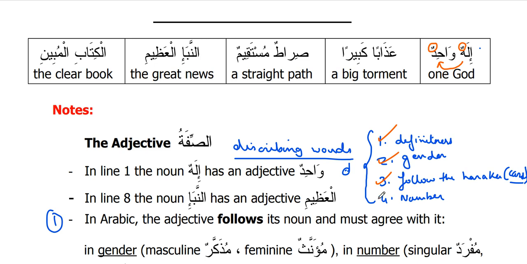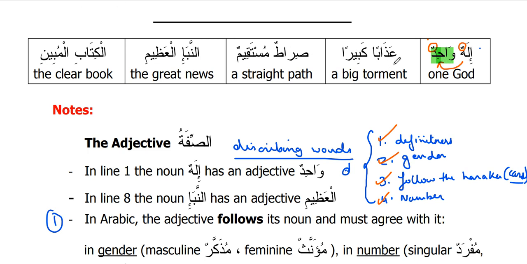So yes, in number they are also equal. So definitely wahid is the sifa for the noun. So wahid as a sifa is following in all 4 points, matching with ilah. So this is definitely the sifa for the ilah.